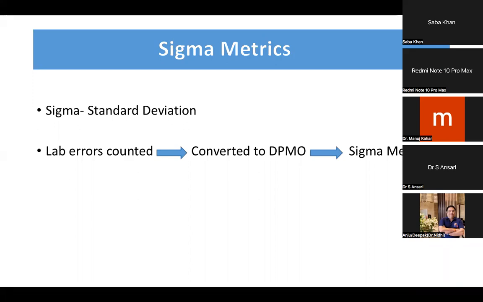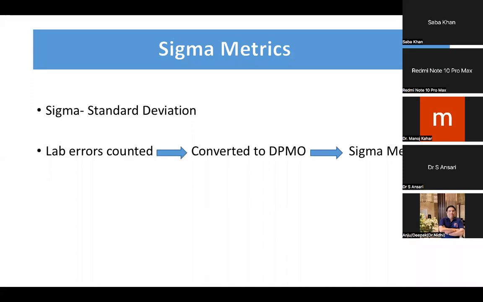One way is we count how many errors are happening. Suppose you are receiving 100 test requests from Delhi. In the month, you will receive 3,000. And you find that out of these 3,000, in 10 test request forms, history is not mentioned. So now 10 defects per 1,000, you are converting to defects per million opportunities.